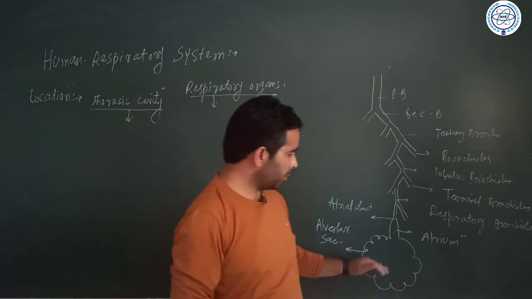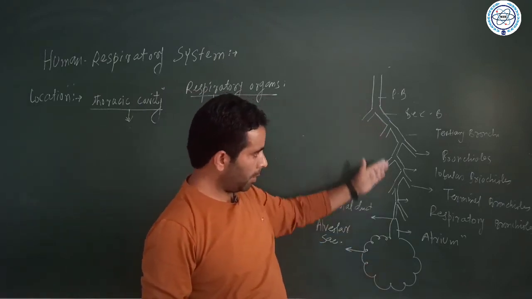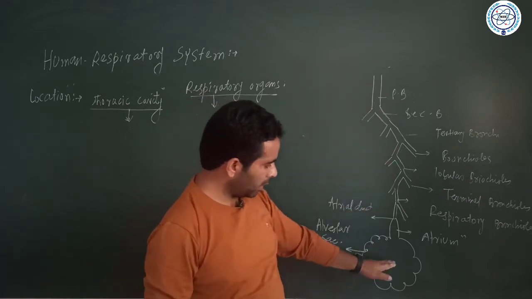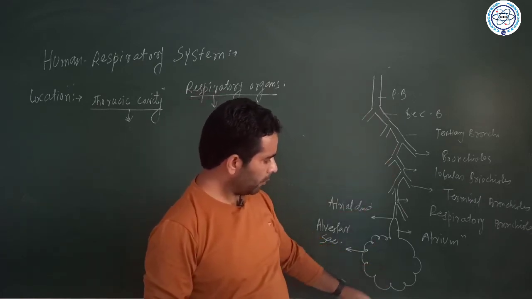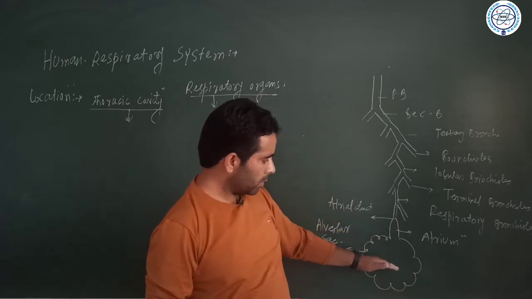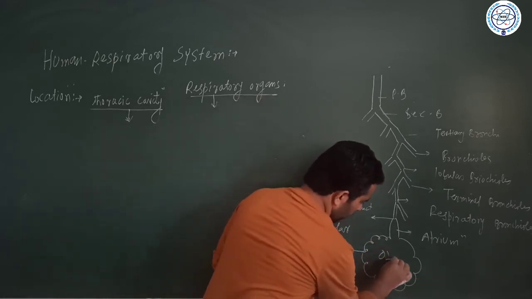Here the oxygen diffuses, that has come from the outside environment via the respiratory tract, and finally comes here in the lung alveoli. From here it diffuses into the blood. So let's say here is oxygen that will diffuse into the blood.